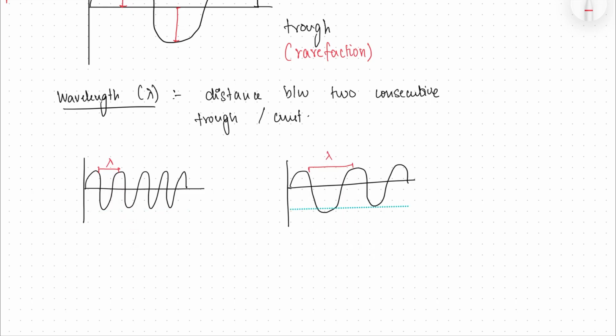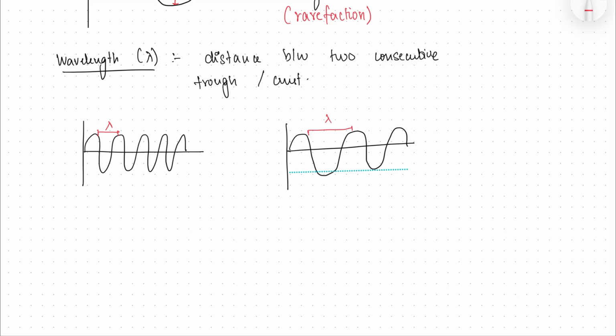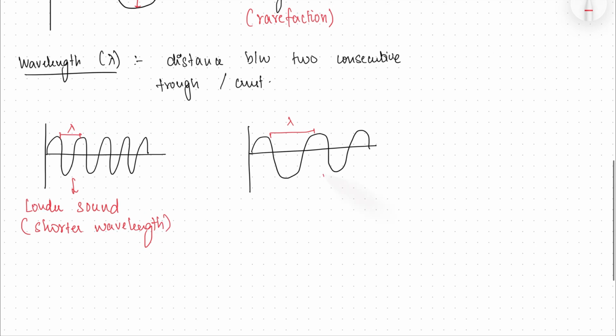So in louder sound you have shorter wavelength. So this is your louder sound. Louder sound has shorter wavelength, while softer sounds have longer wavelength.